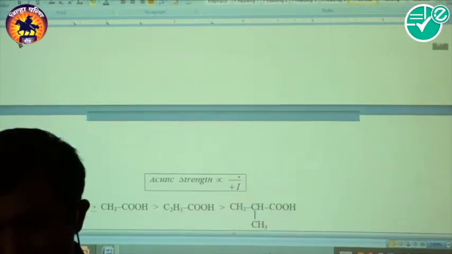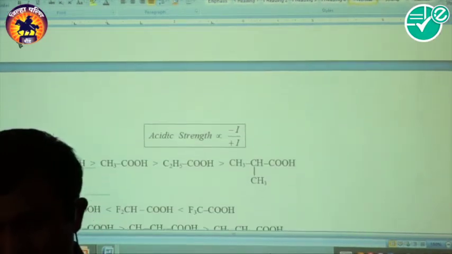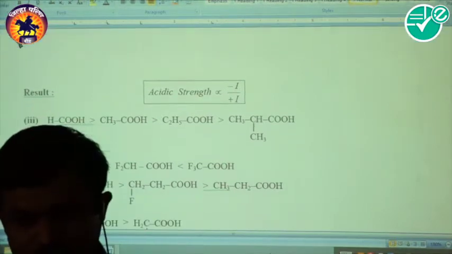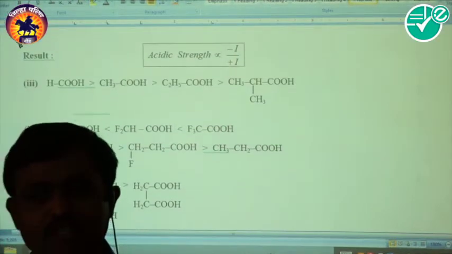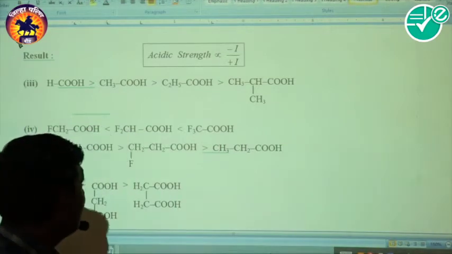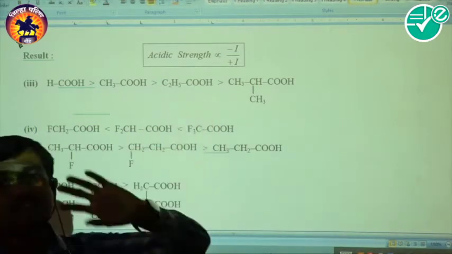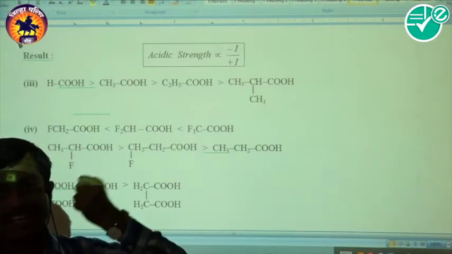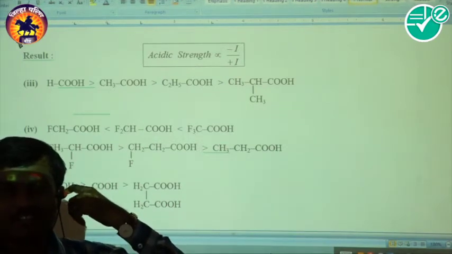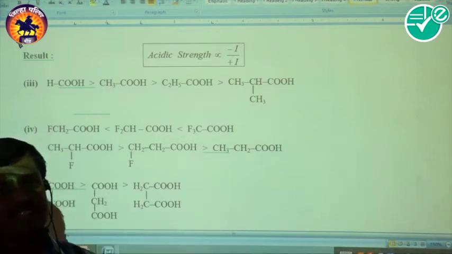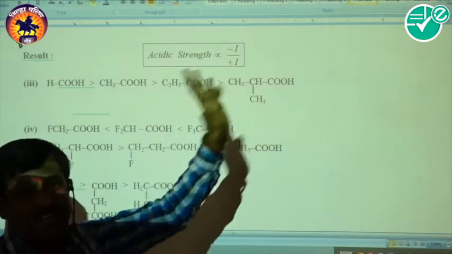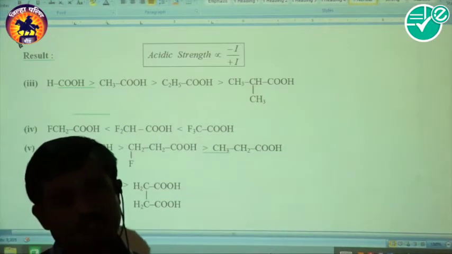Now the acid strength is directly proportional to the negative inductive effect. I already gave the idea about that, because the negative inductive effect shares the electron density of the anion, and because of that sharing, the anion is more stable, and therefore the acid strength is directly proportional to the negative inductive effect.